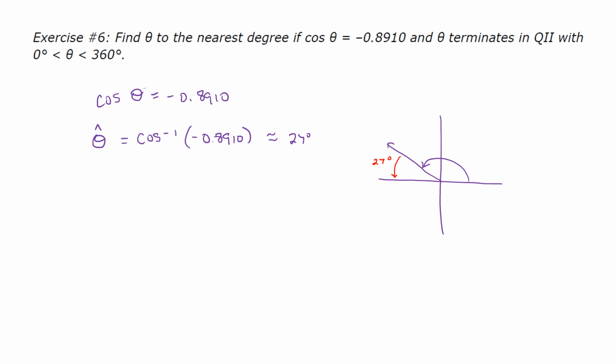So if we wanted to find out what theta could potentially be, because theta could be multiple angles, but we want to make sure that theta is between 0 and 360. So we will take 180 and subtract 27, and we'll get 153 degrees. So that means theta equals 153 degrees. Okay? All right, let's do another one.